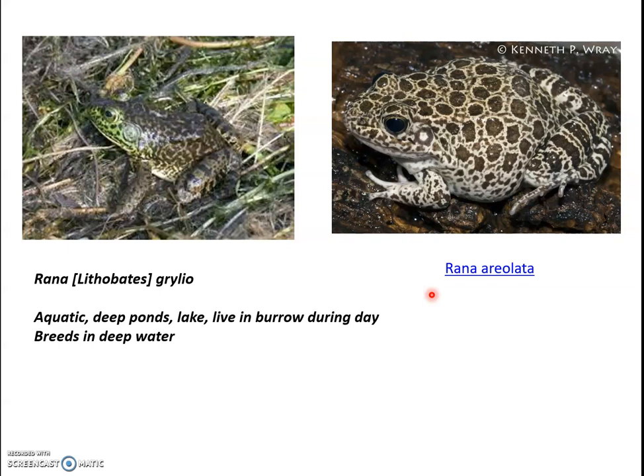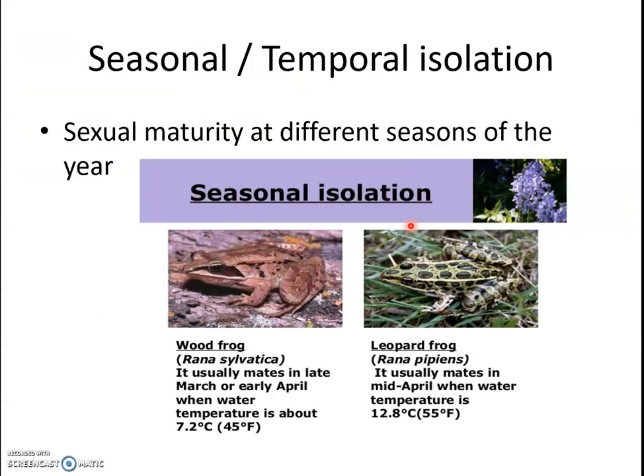So such type of reproductive isolation, which is caused mainly due to the preference of the habitat of certain organisms, is called habitat isolation, ecological isolation, or environmental isolation.